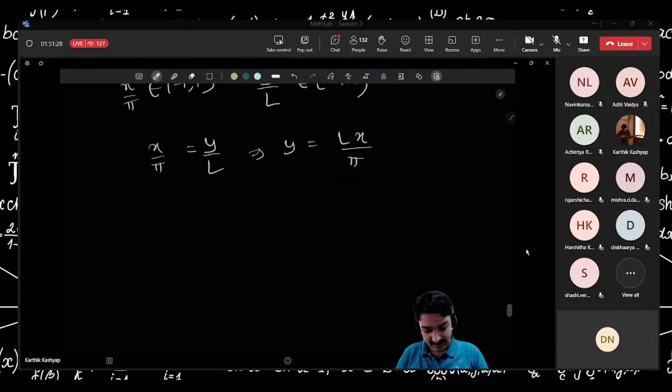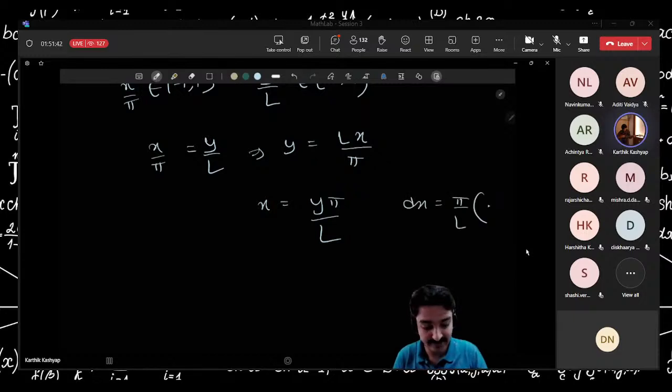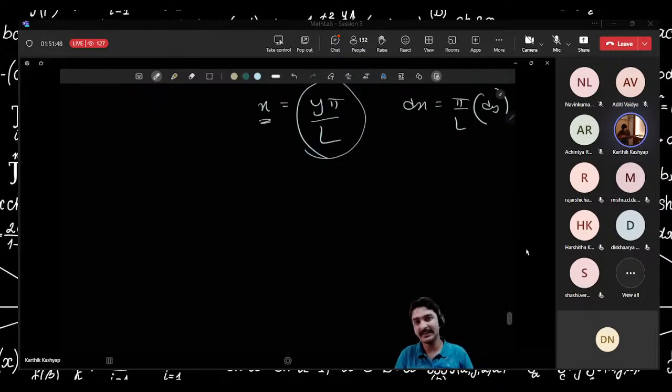If we want to replace x by y, we need the x value also. x is equal to y pi by L, and then dx is equal to pi by L times dy. So everywhere we see x, we can just replace it by y pi by L.